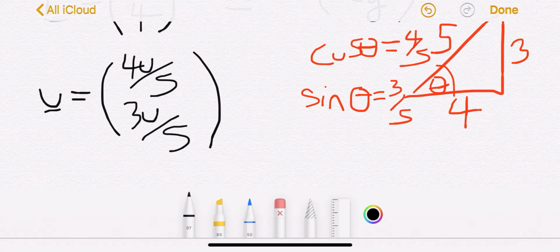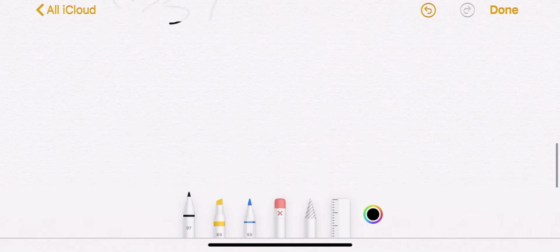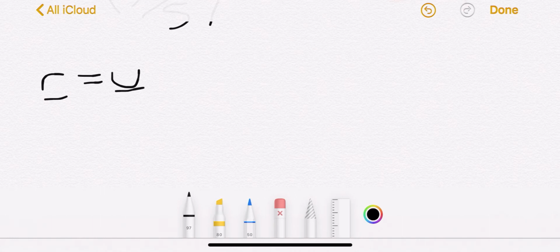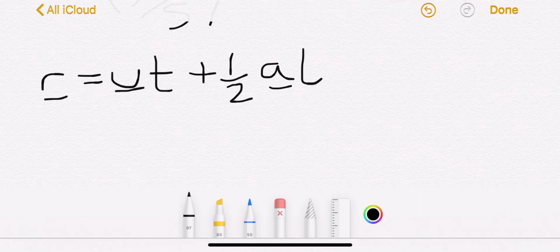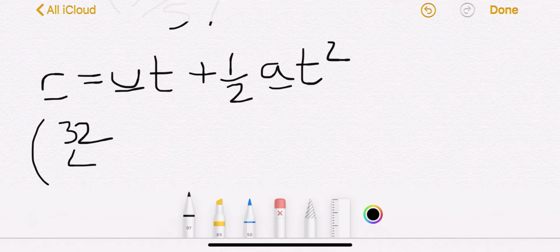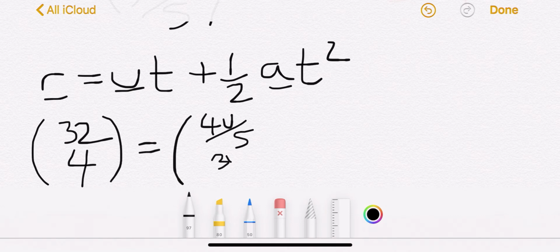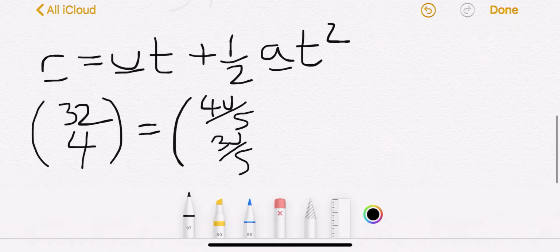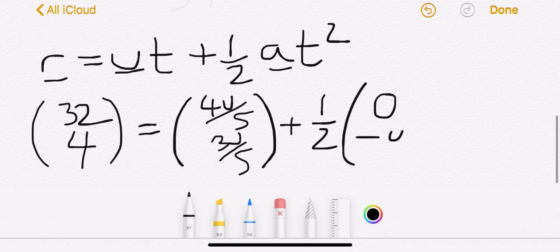So we have r, a, and u, so we put that into our suvat equation of r equals ut plus a half a t squared. We get 32/4 equals 4u/5, 3u/5 times t plus a half 0 minus g t squared.